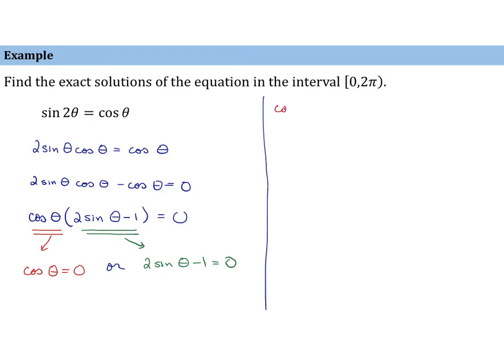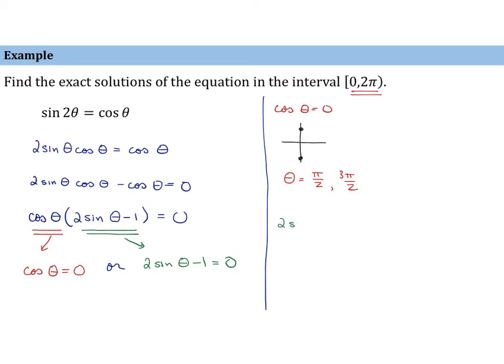If we look at cosine of theta is equal to 0, that is a quadrantal angle, and cosine of theta is equal to 0 at these two values. So that means that theta, and we're only looking in 0 to 2 pi, so we can restrict our gaze to simply that interval, and so pi over 2 or 3 pi over 2.